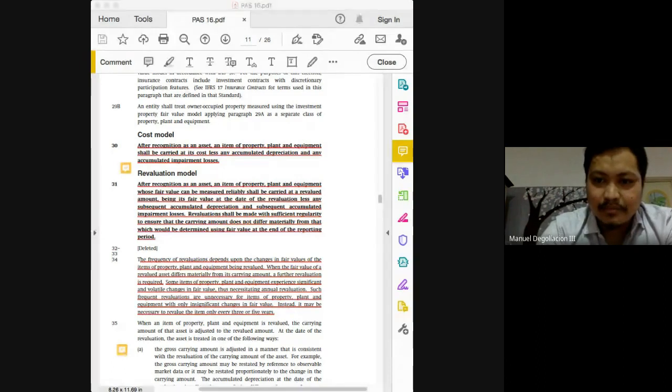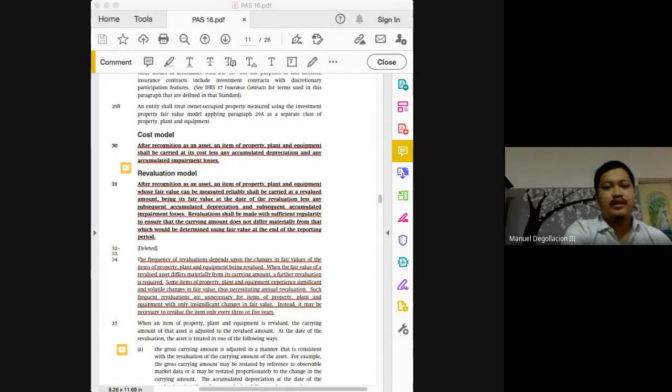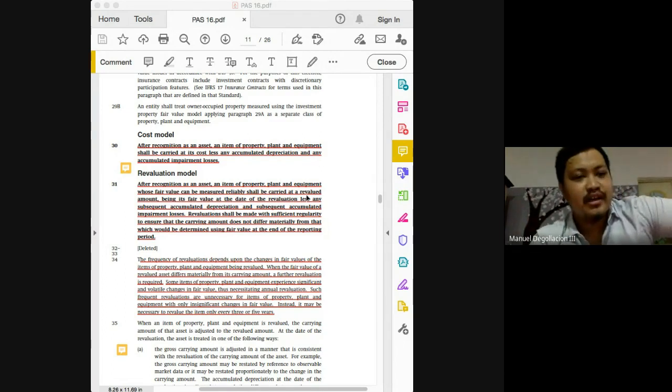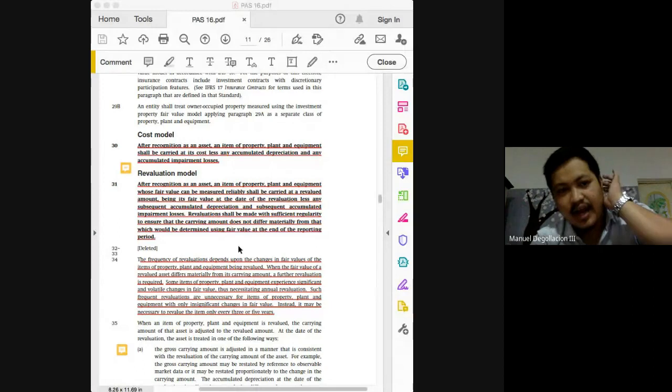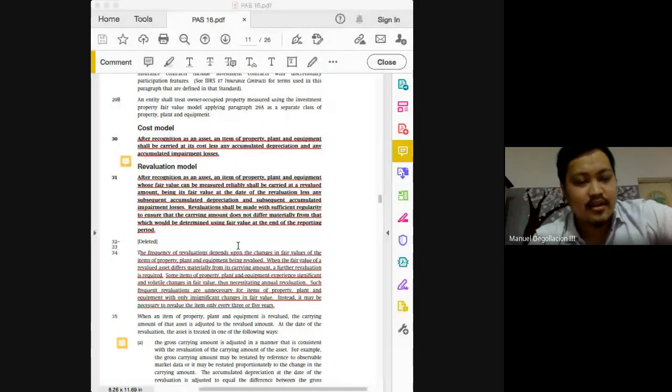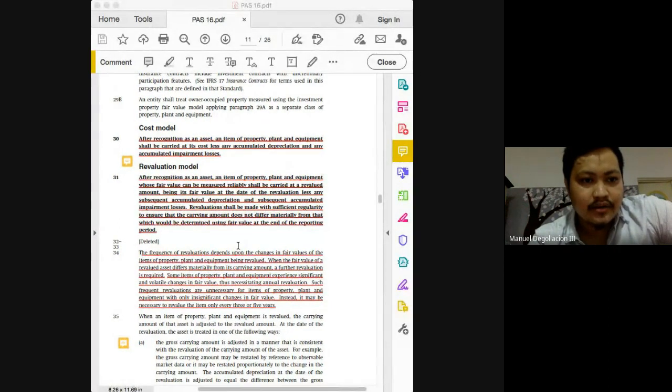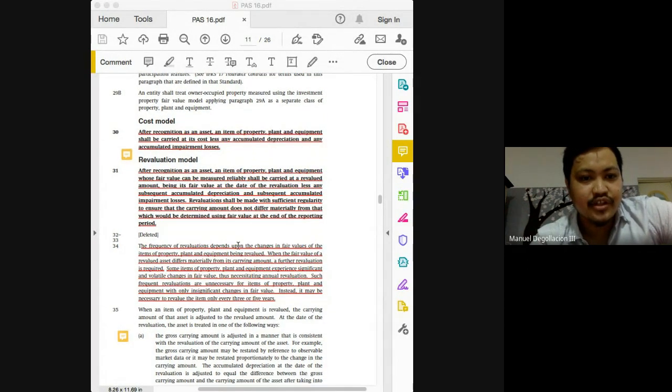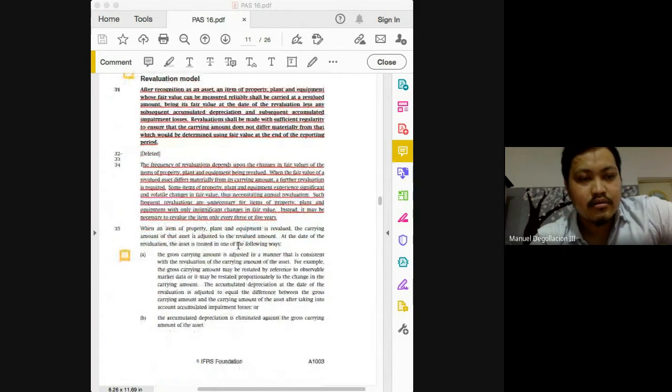What is the principal difference between the two? Under the fair value model, the restatement of the carrying amount happens annually, whereas under the revaluation model, we only do it when there are significant changes in the fair value.